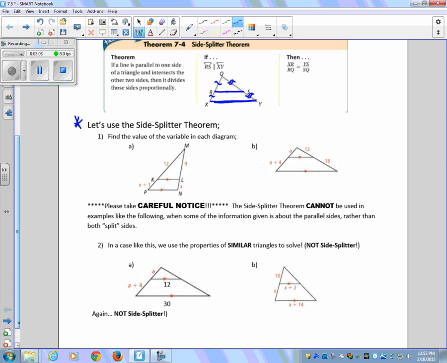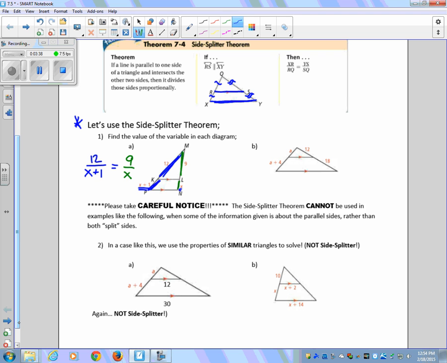But this is meant to be a little bit of a shortcut, and it's meant to solve in situations like this where you have a lot of x's involved. So this theorem says 12 is to x plus 1 as 9 is to x.